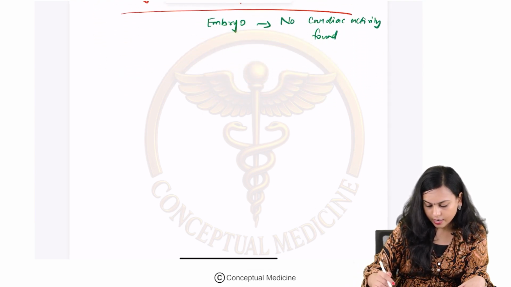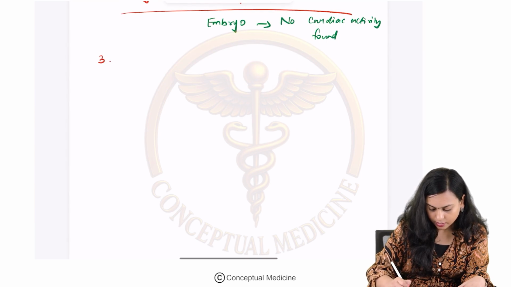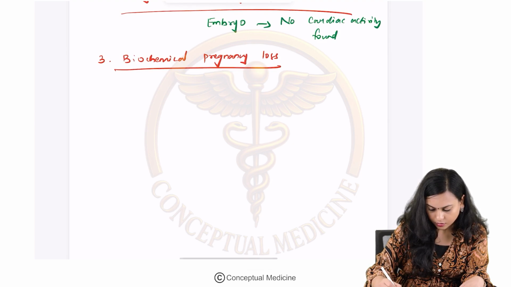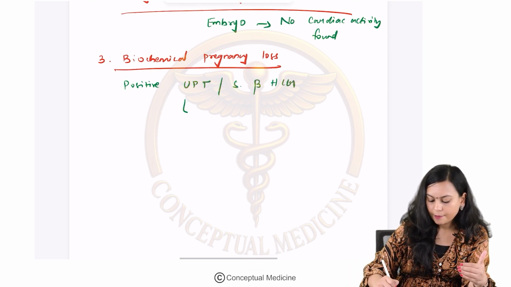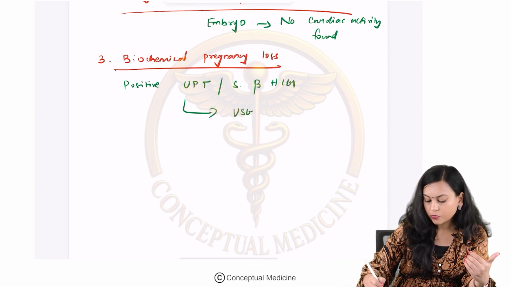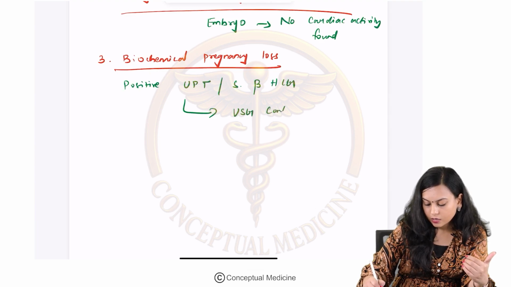And there is something called biochemical pregnancy loss, which means there is a positive urine pregnancy test or a serum beta HCG, but there is no ultrasonogram confirmation of pregnancy.